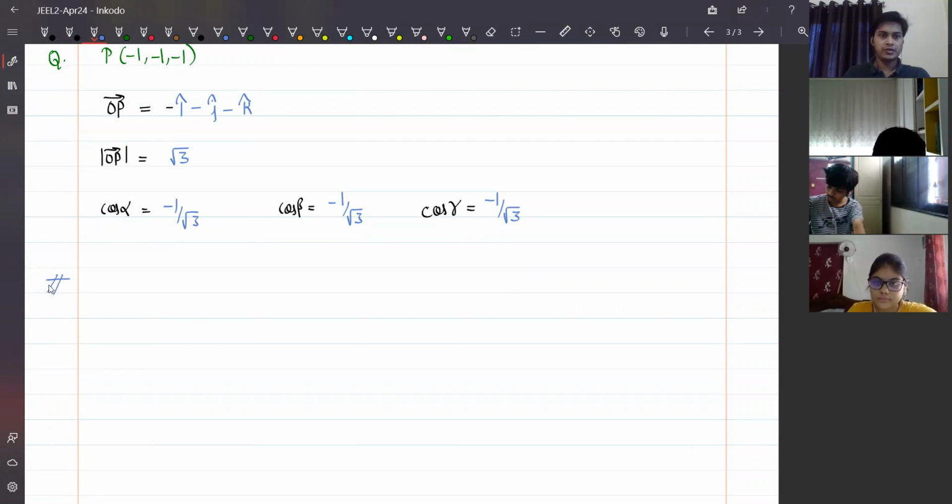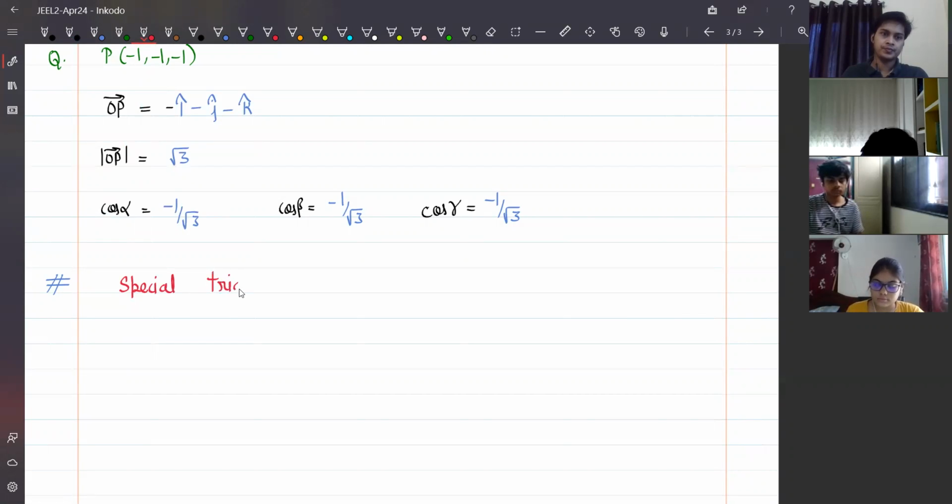We have two special triangles for which you must remember the angle. These are very common in 11th and 12th standard. These are of course right angle triangles. The sides are 3 and 4 and the hypotenuse is 5.